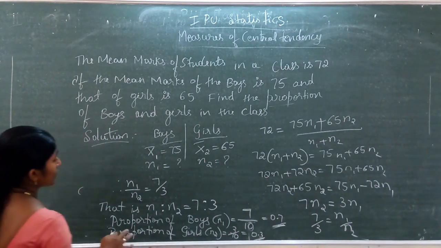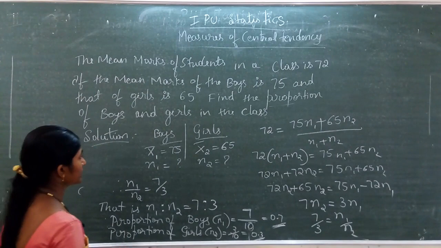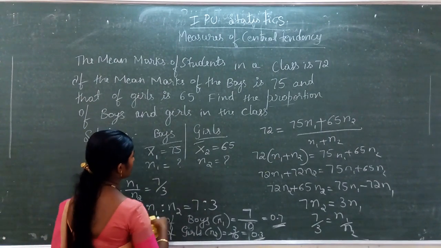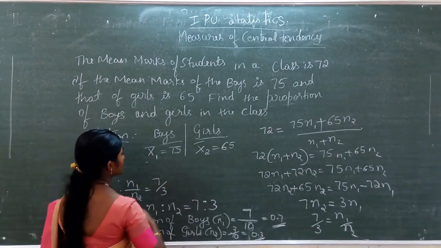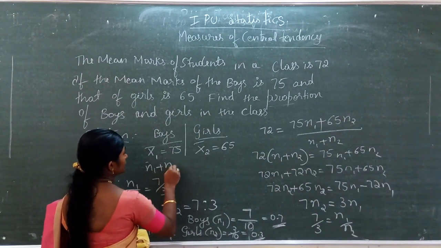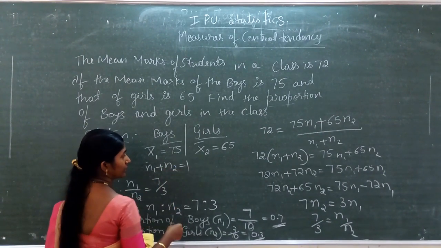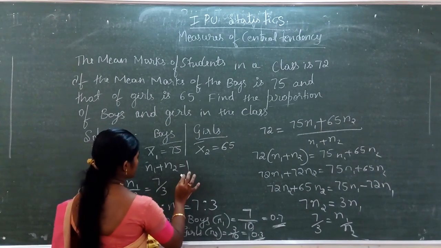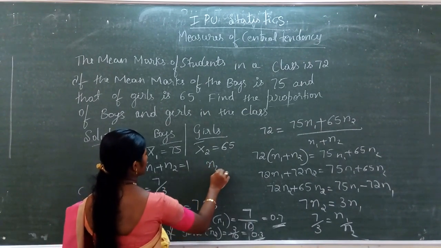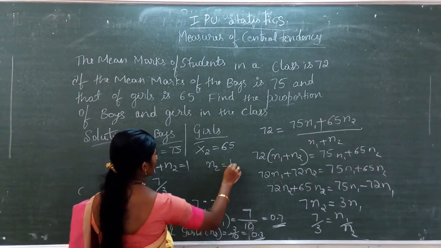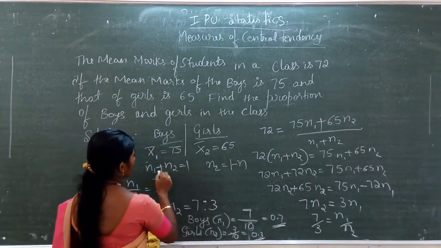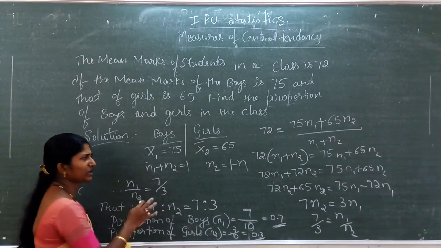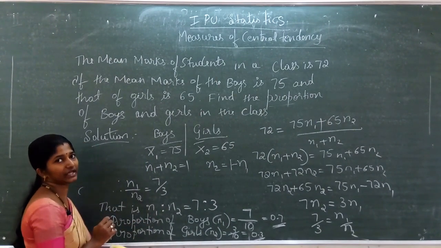Now, see, you can use this method also. Instead of taking this one, you can write n1 plus n2 equal to 1. You can keep 1 as it is. Here instead of n2 or instead of n1, you can write 1 minus n1. It is the same method you used in the percentage.